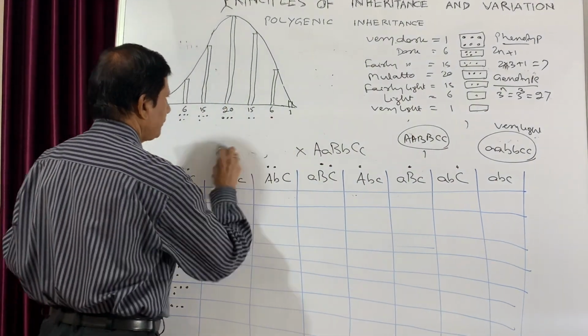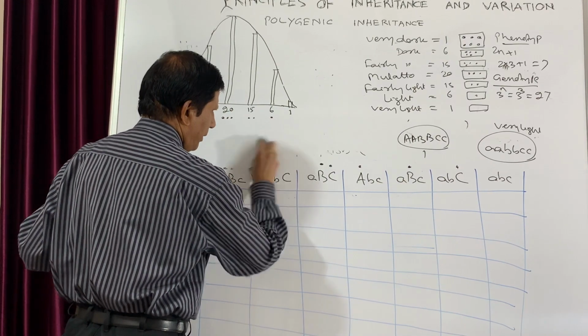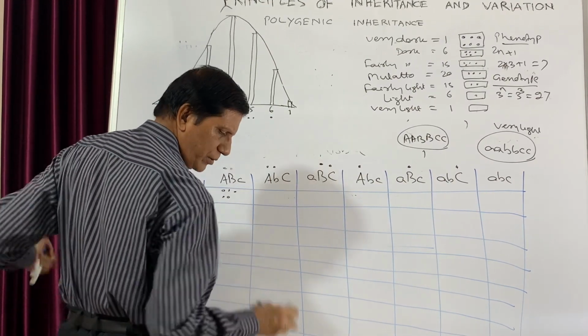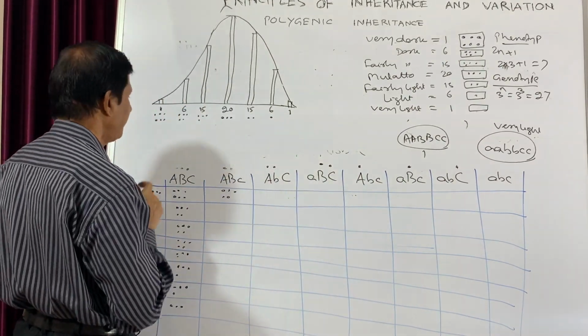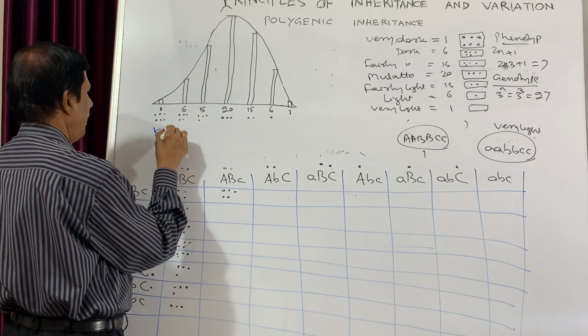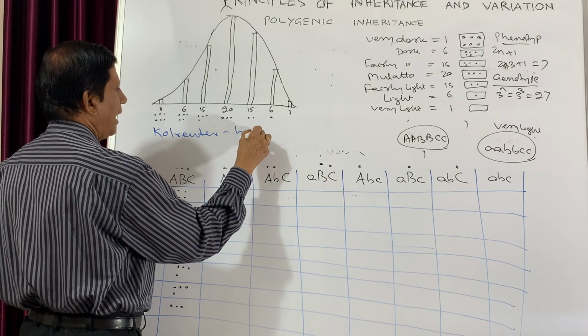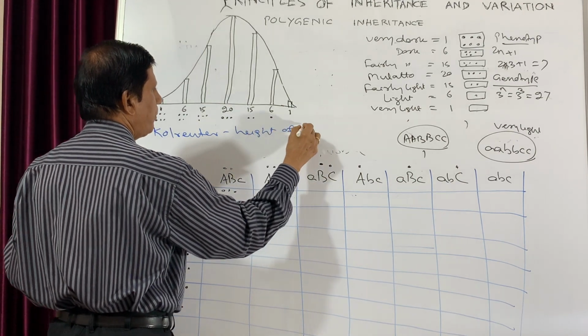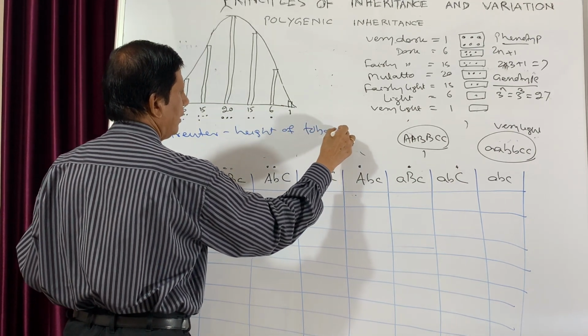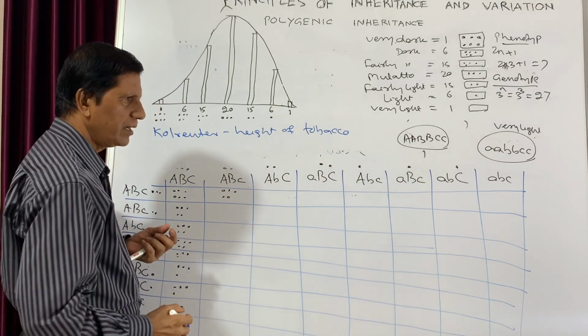So besides this experiment by Davenport brothers on human skin color, there are also other experiments done by other scientists. For example, if we take the case of Carl Reuter, he has studied the height of tobacco plant, how it is polygenic.